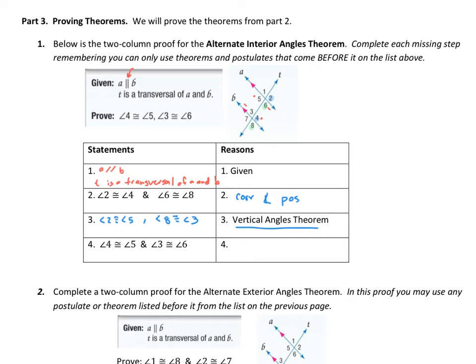Now we have all the pieces of information that we need in our proof. I can now say by the transitive property, angle 4 is congruent to angle 5, and angle 3 is congruent to angle 6. Sign off, and we're done. We have now proven alternate interior angles are congruent, and we can use this in further proofs.